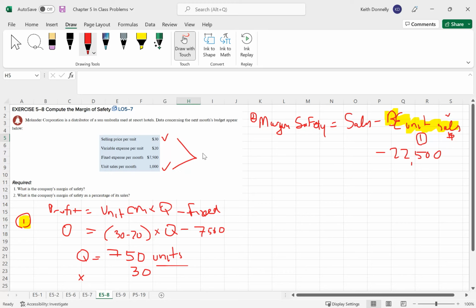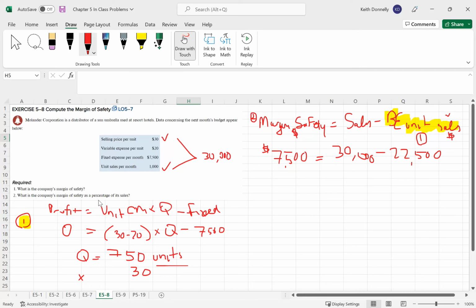That's going to give us 30,000. 1,000 times 30. So our margin of safety in this point is going to be $7,500. Okay, because this is the margin of safety in dollars.